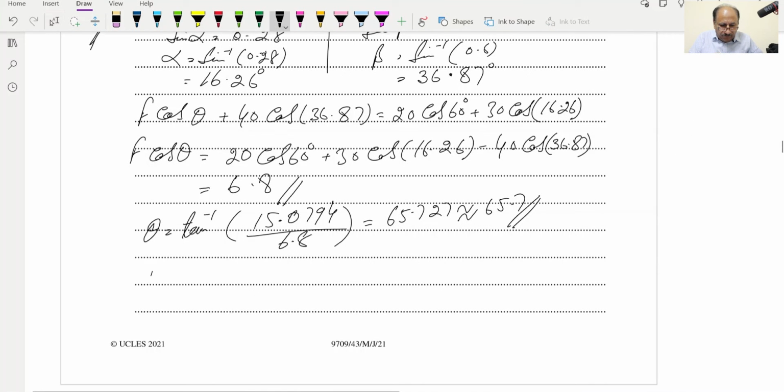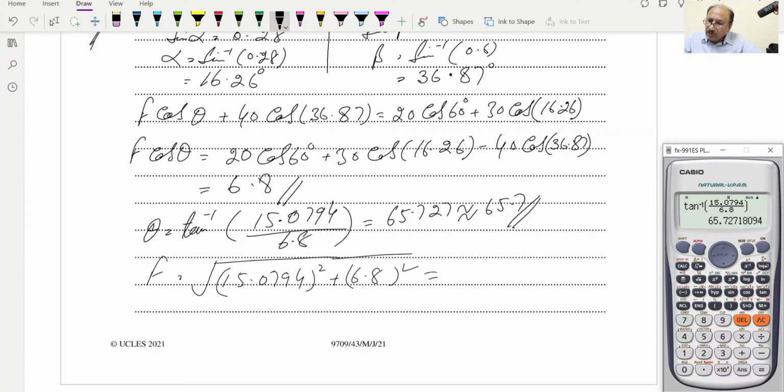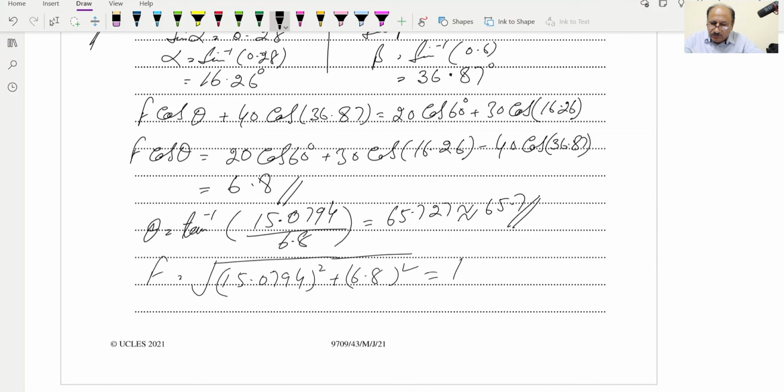Now F will be equal to the square root of Fy squared plus Fx squared, so the square root of 15.0794 squared plus 6.8 squared, and this will be equal to 16.5 up to 3 significant figures. This will be the force, in newtons, and this is done. Hopefully you understood each and everything.